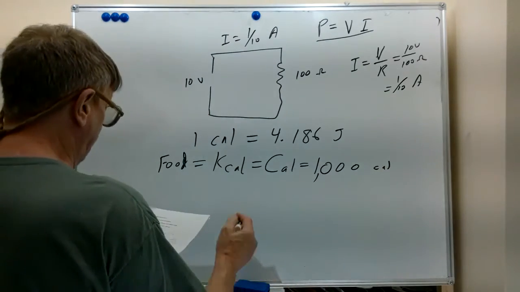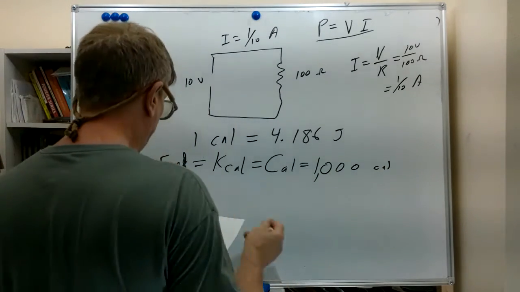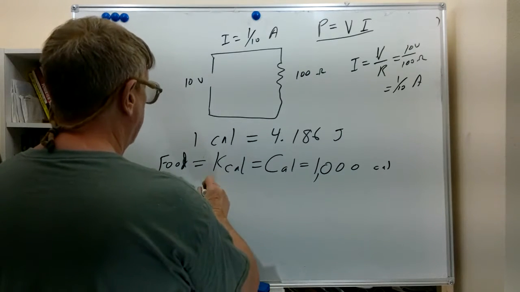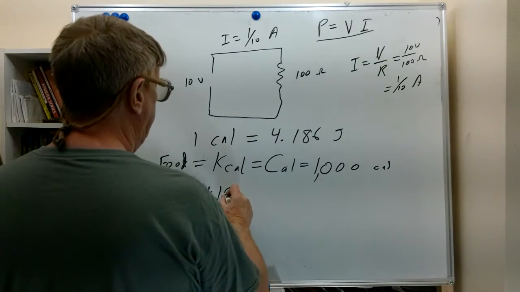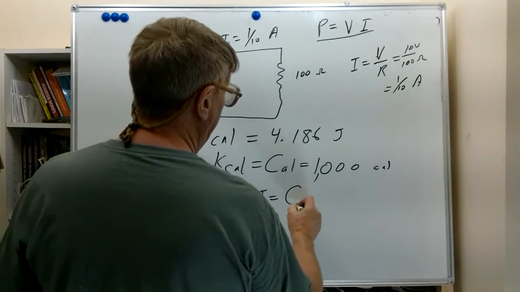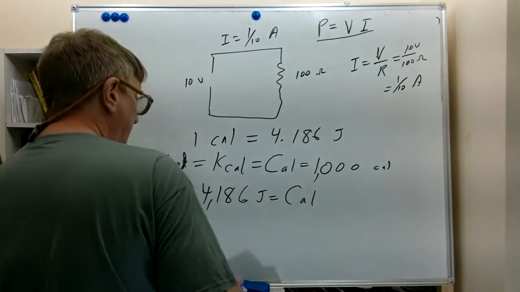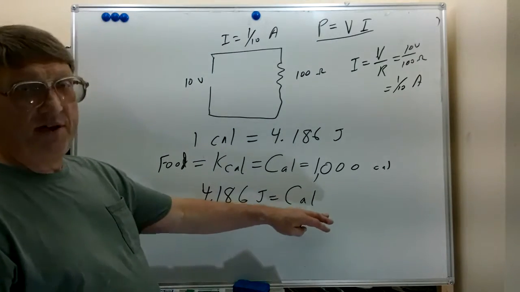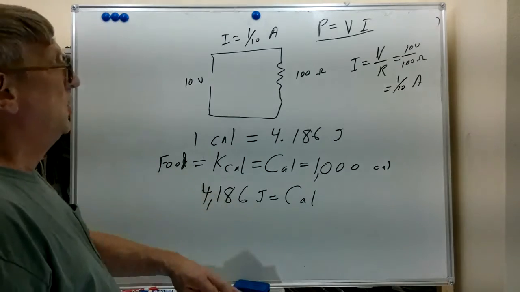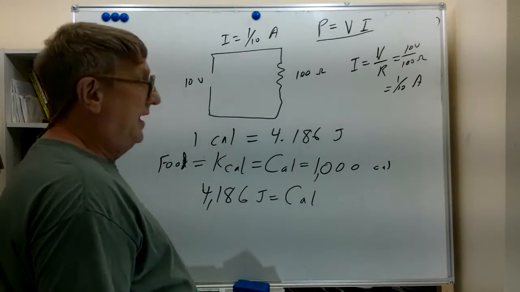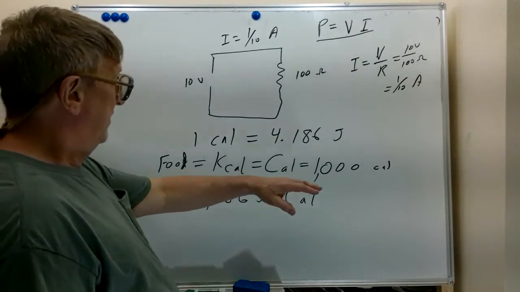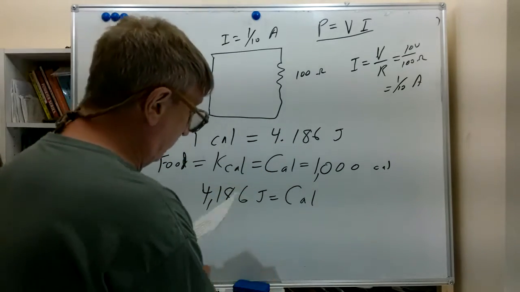That also tells you that there'd be 4,186 joules per kilocalorie. So 1 calorie on your food labels is 4,186 joules. 1 calorie of heat is equivalent to 4.186 joules.